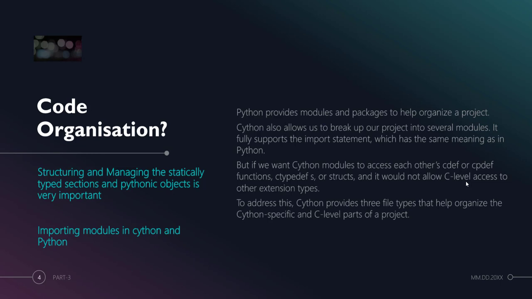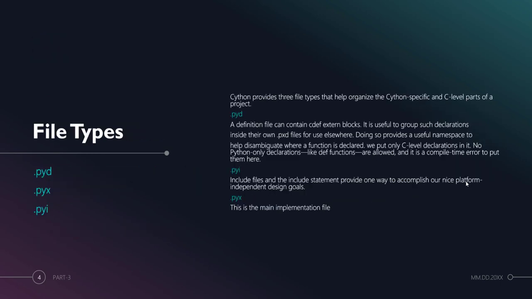To address this, Cython provides us three file types that help us organize our Python-specific imports and C-level parts of a project. The first of all is the .pxd. These are the definition files and contain cdef extern blocks. It is useful to group such declarations inside their own .pxd files for use elsewhere.